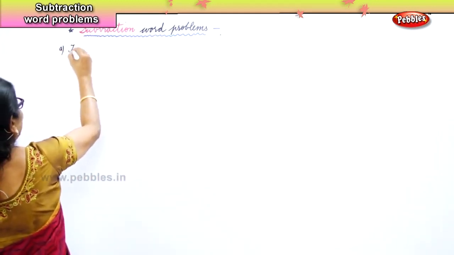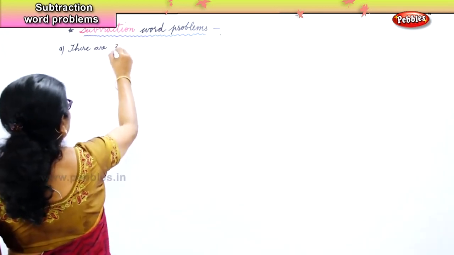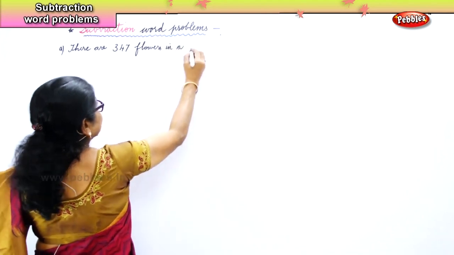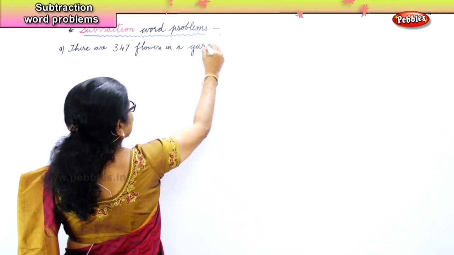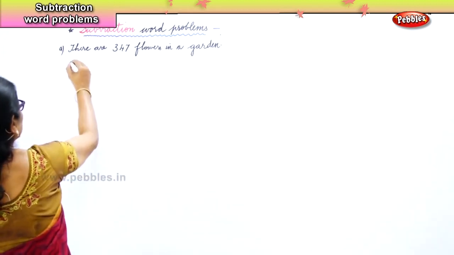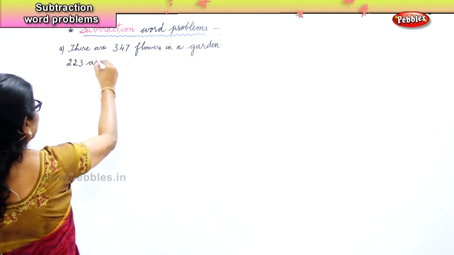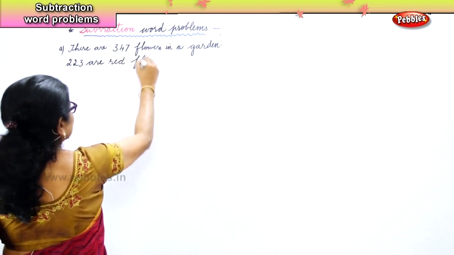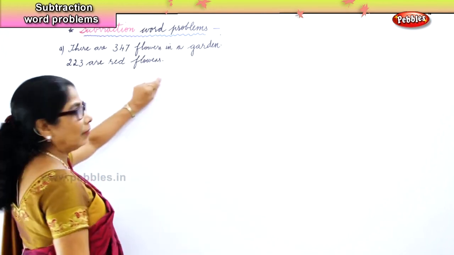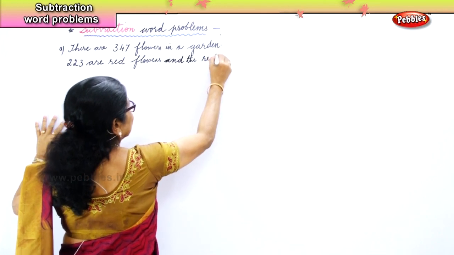First problem: there are 347 flowers in a garden. 223 are red flowers, and the rest are yellow.